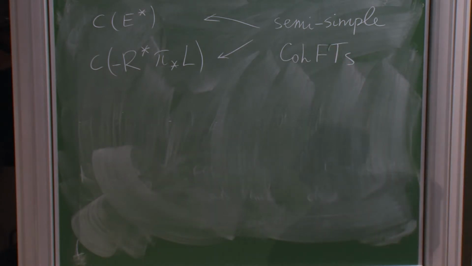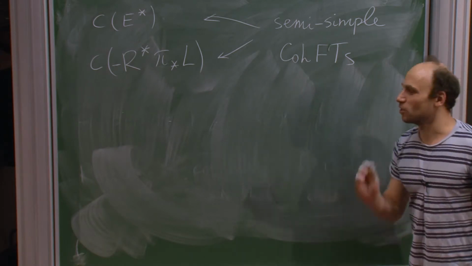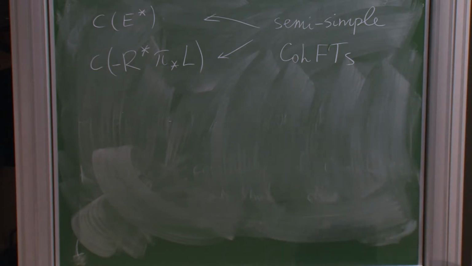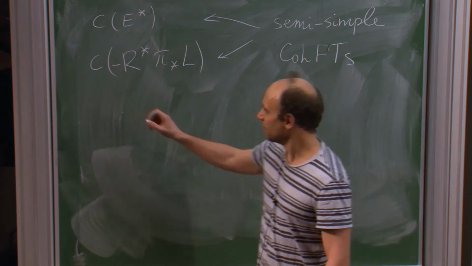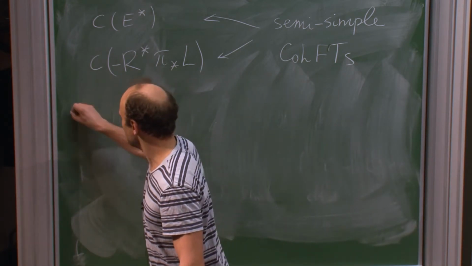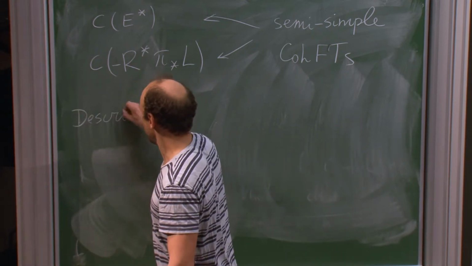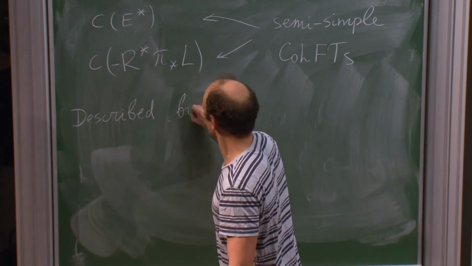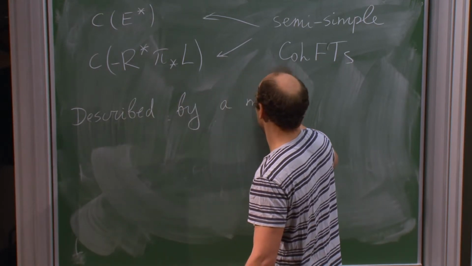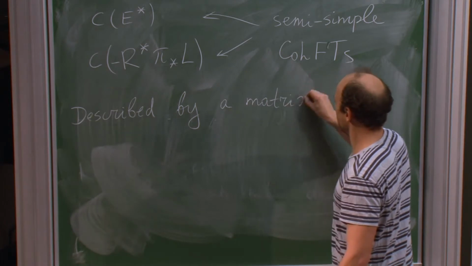I'm not going to tell you what that means, but the important thing is that semi-simple cohomological field theories are classified, and they are completely described by a matrix valued power series.